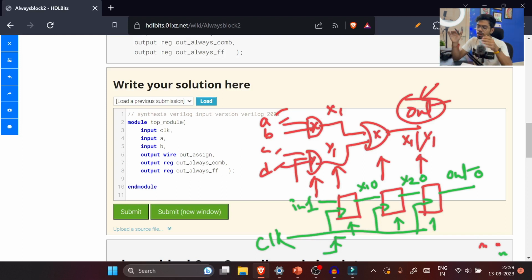What will happen? You will get a 1 here, right? And previously 0 was there, so this 0 will get transferred to here, so it will be 0. And previously here 0 was there, so it will again transfer to here, 0, 0. And the positive edge is done.